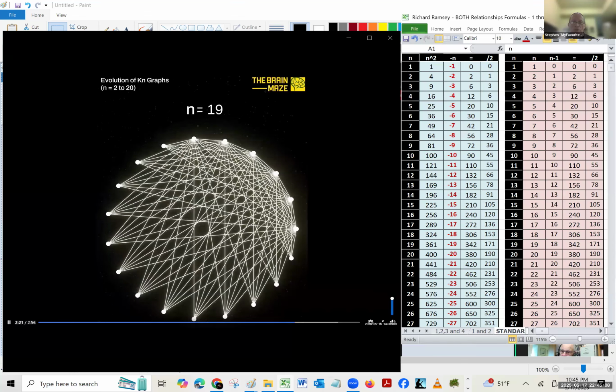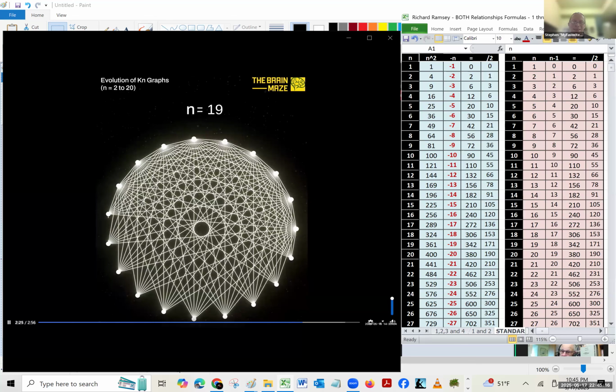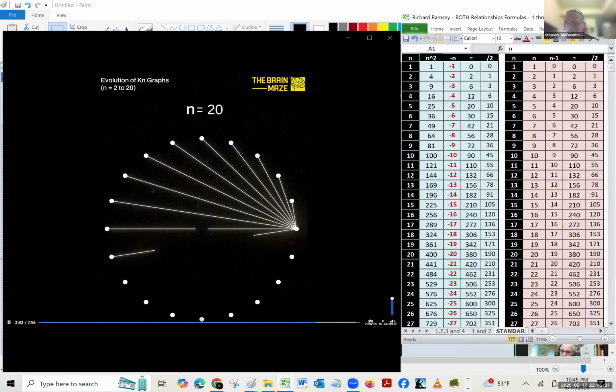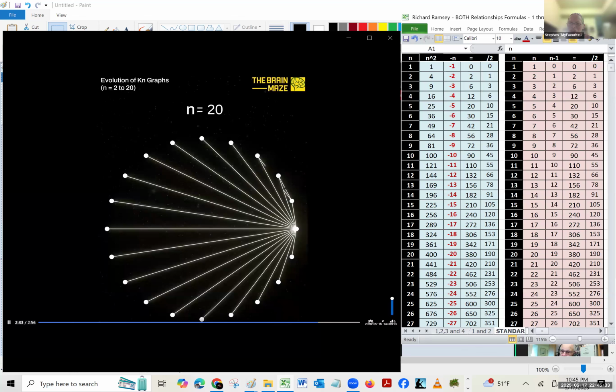Odd numbered diagrams seem to have a polygon in the center whose number of sides equals the number of nodes, whereas even numbered diagrams have a starburst in the center where the spokes in the starburst are equal to the number of nodes. I threw that out to Manu when he came on the call, and immediately he came up with some inspiration. So Manu, what are you seeing when you see all this go on, my friend?